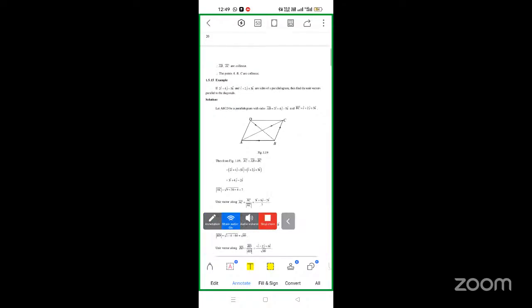We have to find AC. By using the triangle law of addition, AC = AB + BC. So this is the AC vector. The magnitude of AC is √(9 + 36 + 4) = √49 = 7.